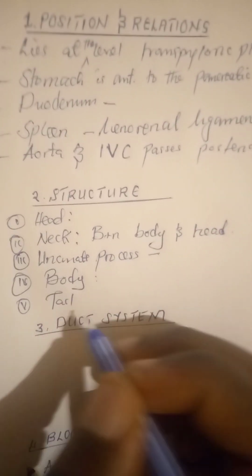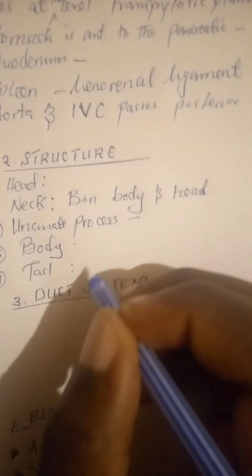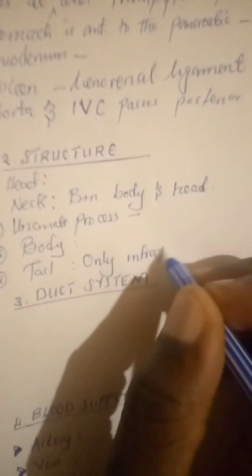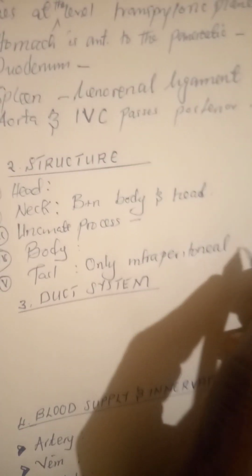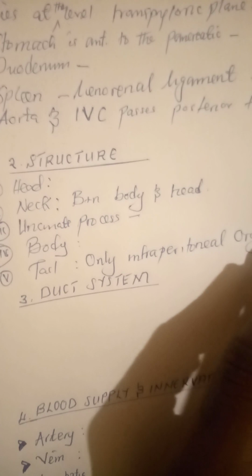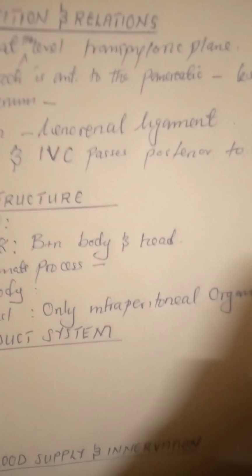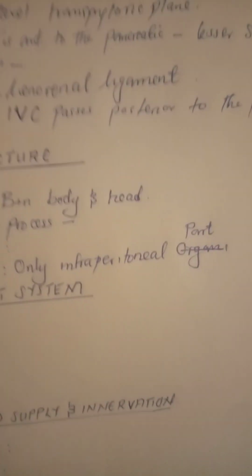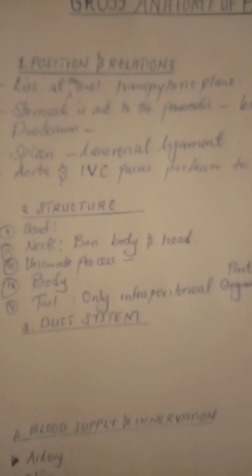The tail is the only intraperitoneal part of the pancreas, so we need to write this, and it lies near the hilum of the spleen.